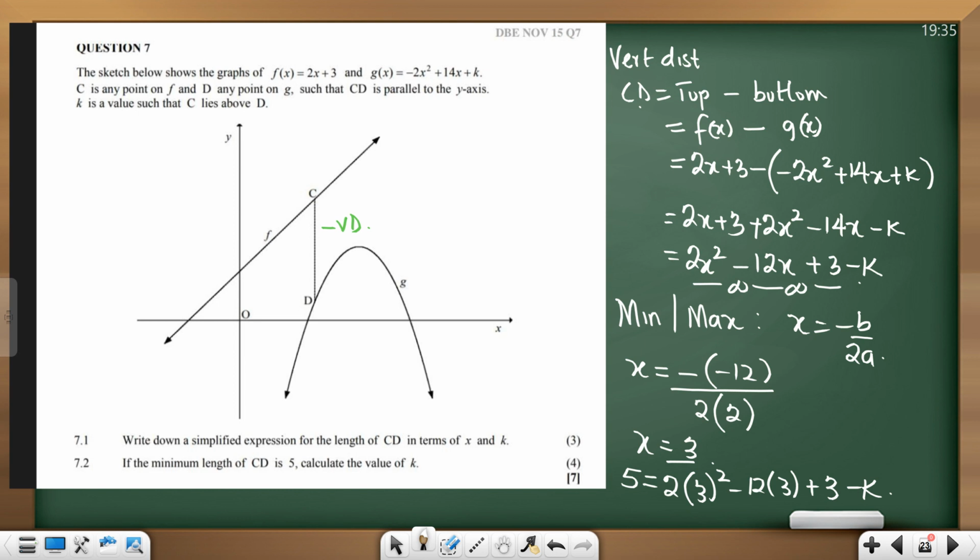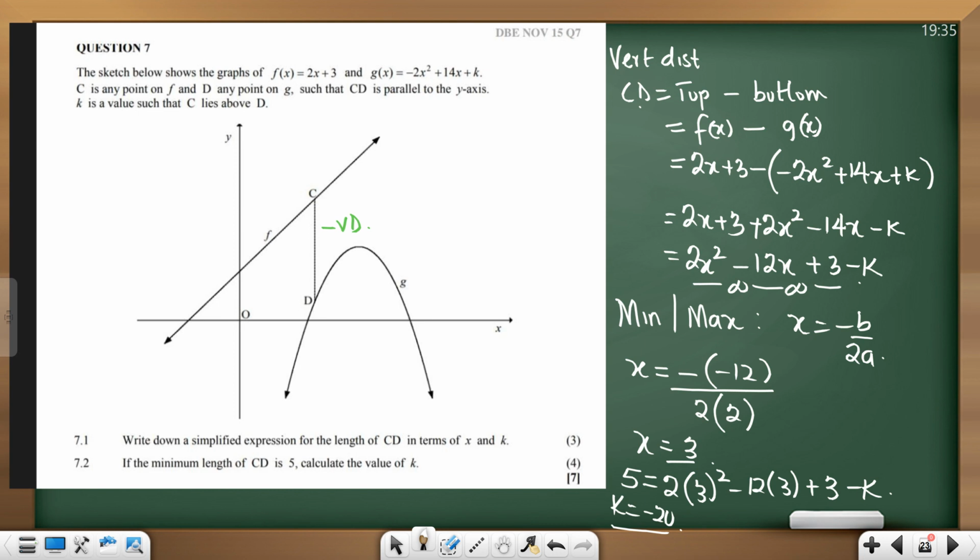The k over there and move that there. Negative. Value of k. K is negative what? 20.